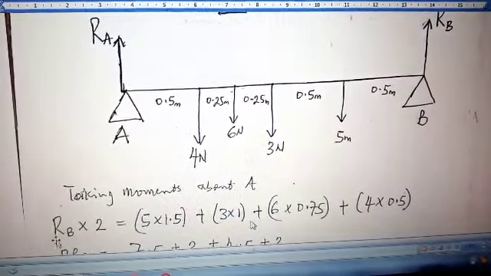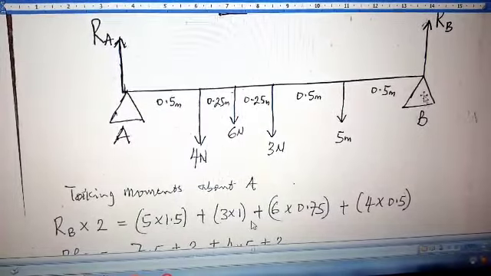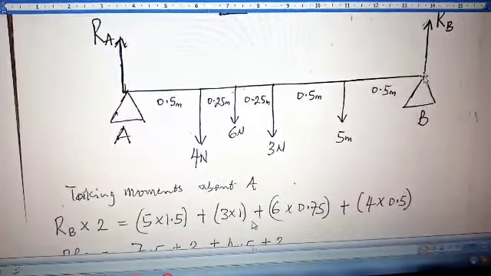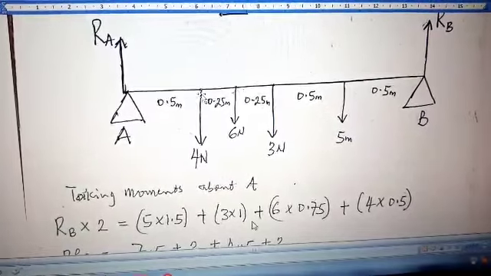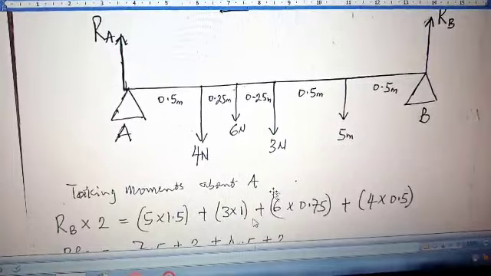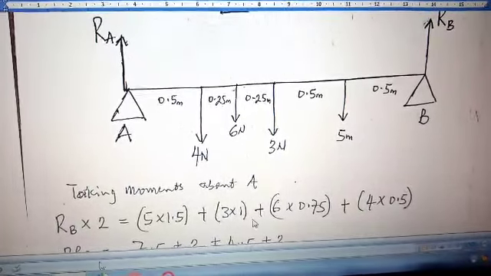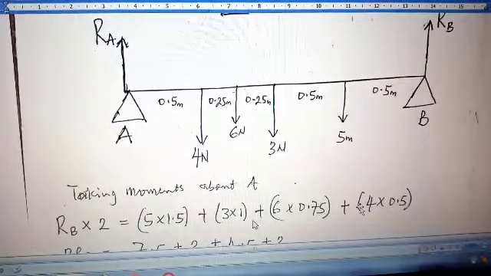So that is why you have this RB multiplied by the perpendicular distance from the point of action. We are taking moment about this point A. The distance between B and A is 2. That's how we got this 2, equals the clockwise moment. This one is the anti-clockwise moment, while all what you have here are called clockwise moments.